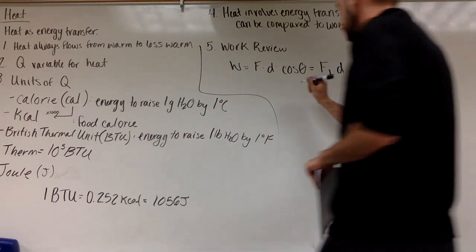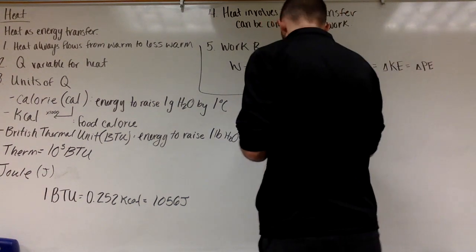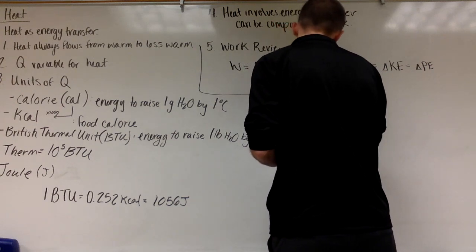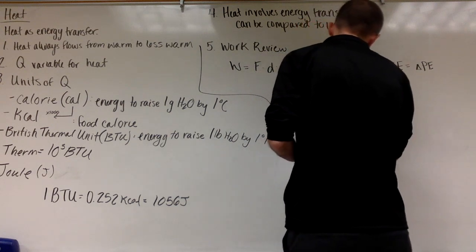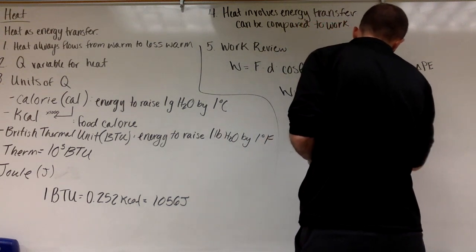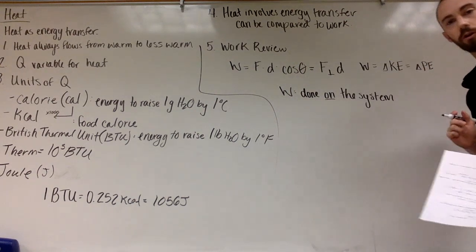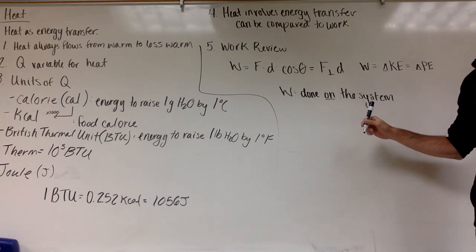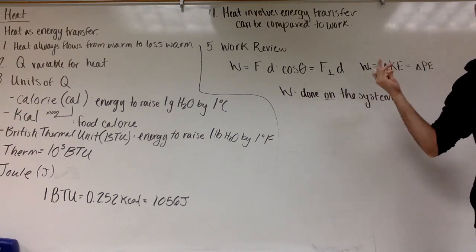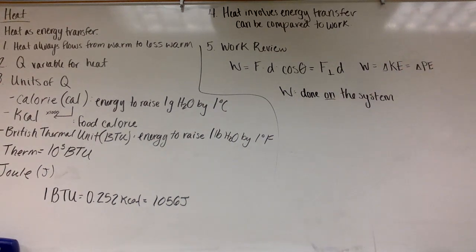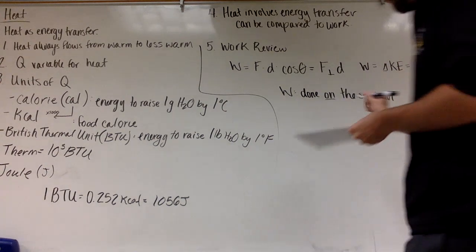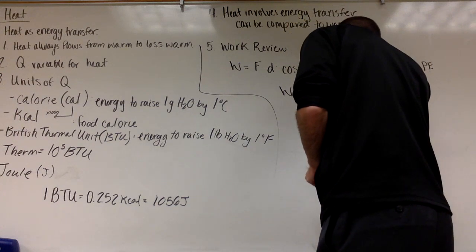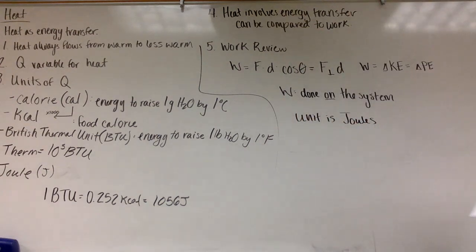When we talk about work, this W that we represent here is work done on the system. This will become important in this unit, but especially when we start doing thermodynamic systems. This is work done on the system. So if the system is doing work, it would be negative. Does that make sense? There we go. And the unit for work is joules. There's our work review.